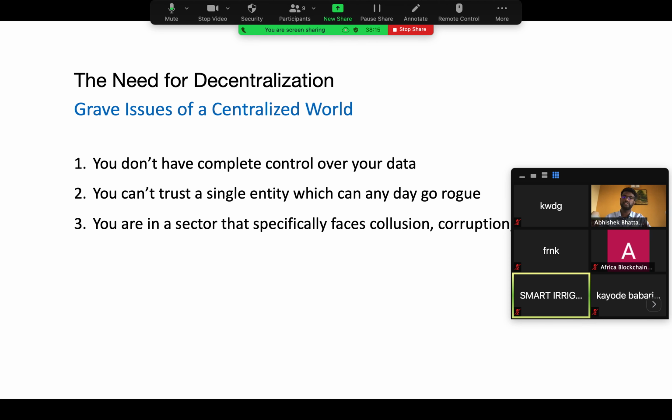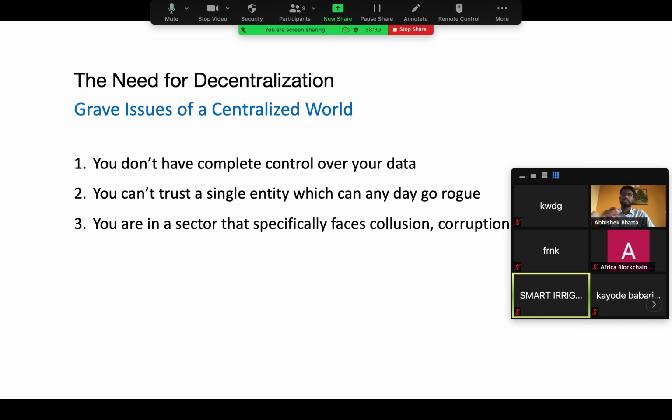On the other hand, if this had been a decentralized network, the entire landscape would have been very different. So you do not have complete control over your data in a centralized world, and you cannot trust a single entity which can any day go rogue, just as we discussed using our example. Also, the third point you can see on the screen is the need for decentralization.